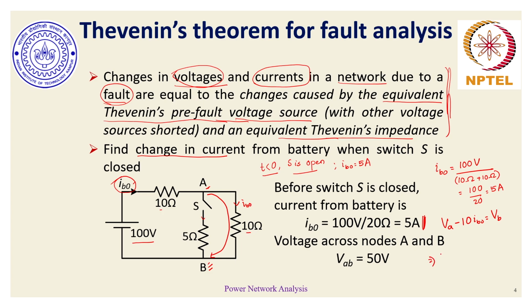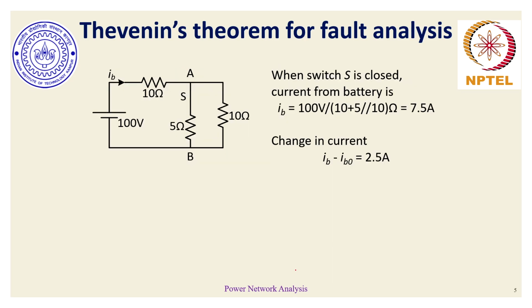So VA minus VB, which is VAB, equals 10 IB0, which is 10 into 5 equals 50 volt. So before the switch is closed, the voltage across nodes A and B is 50 volt. And this VAB happens to be also equal to the Thevenin voltage across nodes A and B before the switch was closed. We'll come to this aspect a little later.